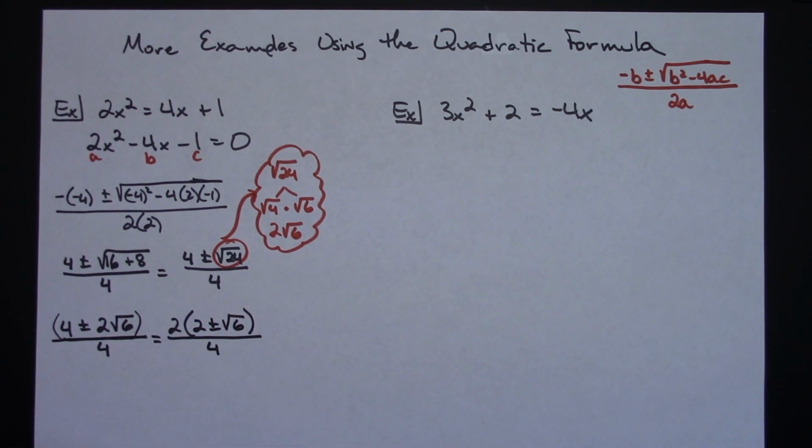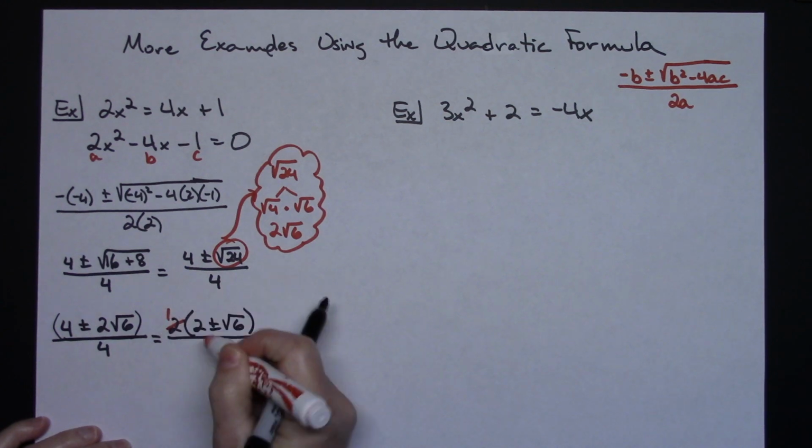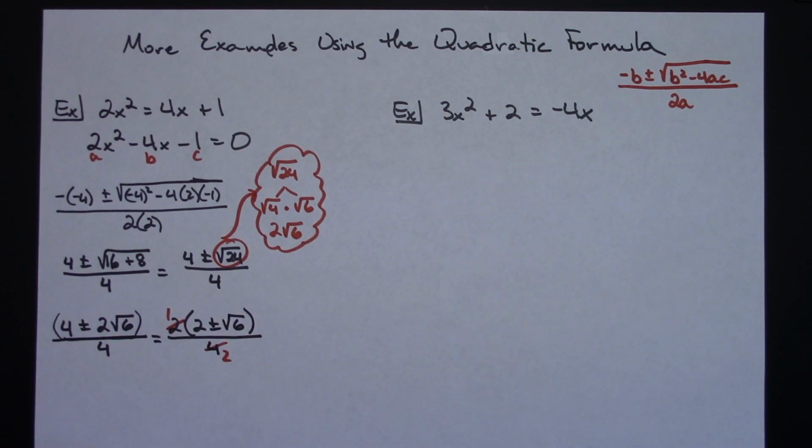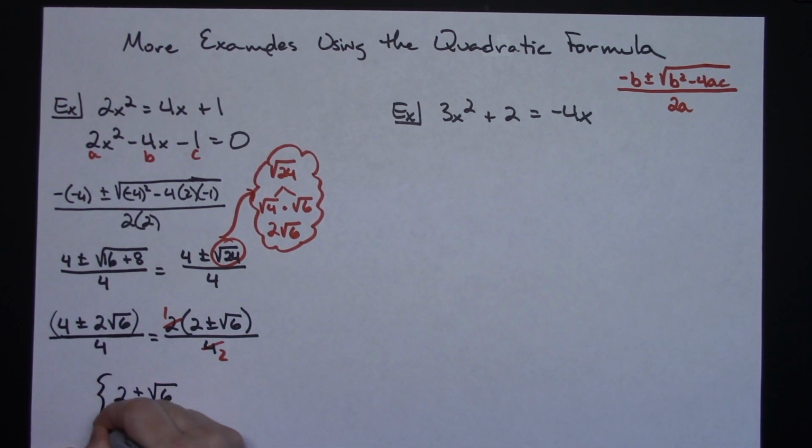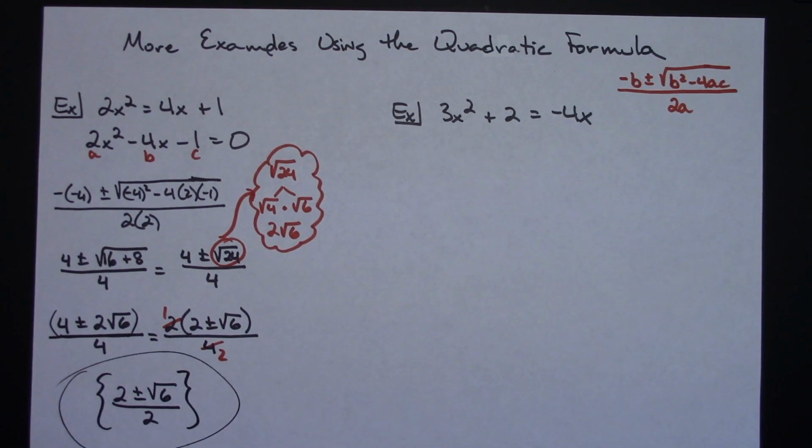Now I can say 2 goes into 2 one time, 2 goes into 4 two times, and that would be leaving my final answer as 2 plus or minus square root of 6 all over 2. Technically this is 2 answers. So if you are using set notation to denote your answers, then put those set brackets around there and you've got your answer displayed in set notation.